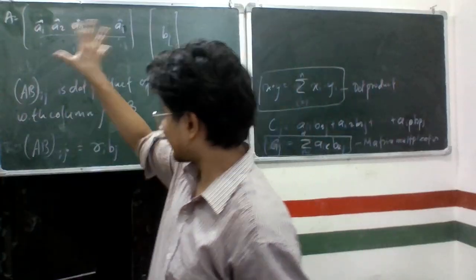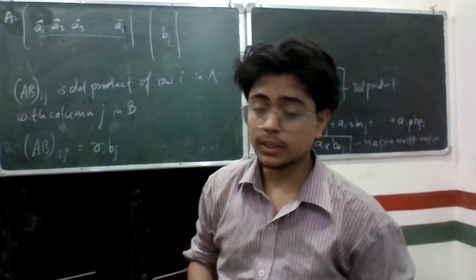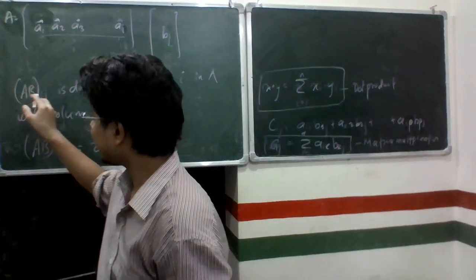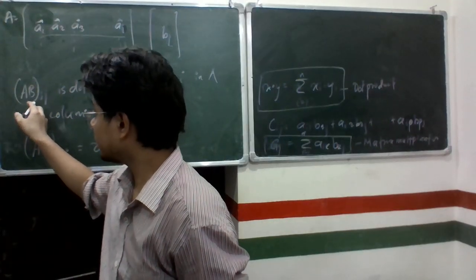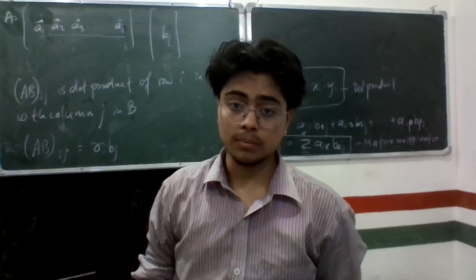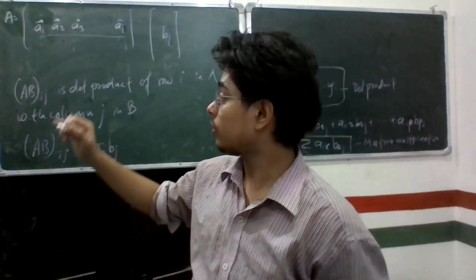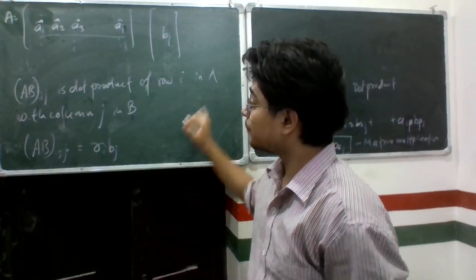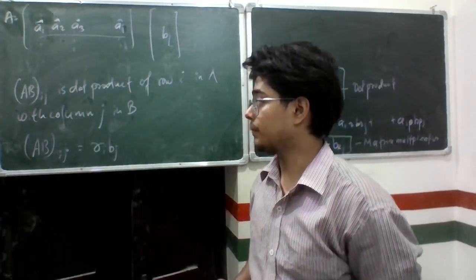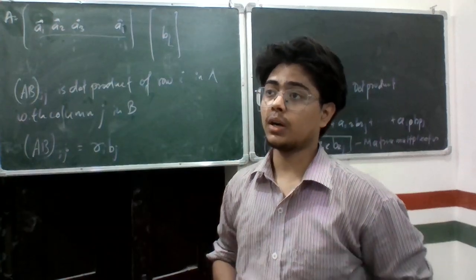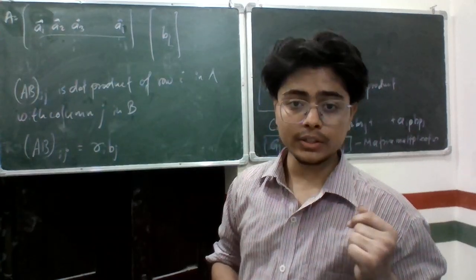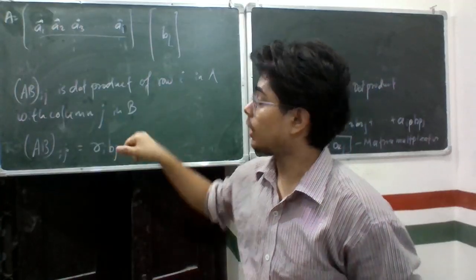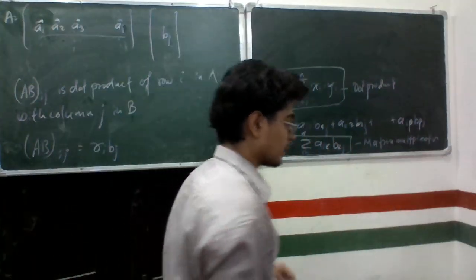Then we can think of it in the form of dot product, so (AB)ij means the ij component of the matrix formed by the product of A and B is the dot product of row i in A with column j in B. I think I should write an example of it so it will be more clear. So I'm not going to erase it, and I'm going to give you an example.